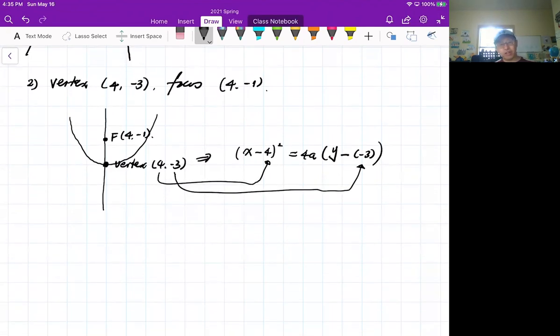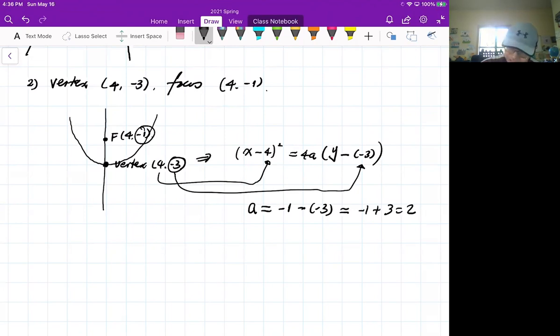The x value of the vertex goes to x minus that number, and the y value of the vertex goes to y minus that number. But now where can you get the A here? A is just the focus minus the vertex. So it's -1 minus -3, that's equal to -1 plus 3, that's equal to 2.